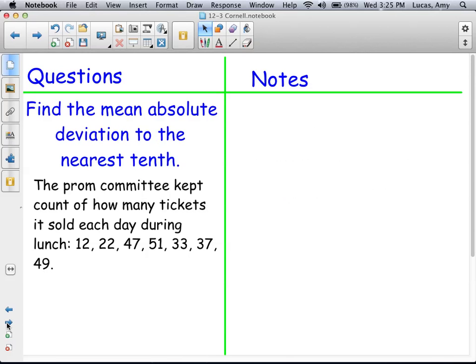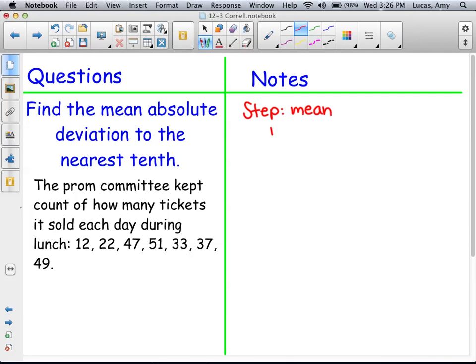Okay, so here we go. The prom committee kept count of how many tickets it sold each day during lunch: 12, 22, 47, 51, 33, 37, and 49. So step 1, we just need to find the mean of those numbers. That means I need to add them all up and divide by how many there are.